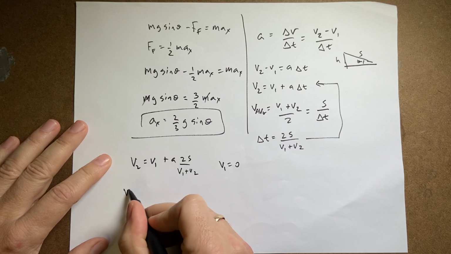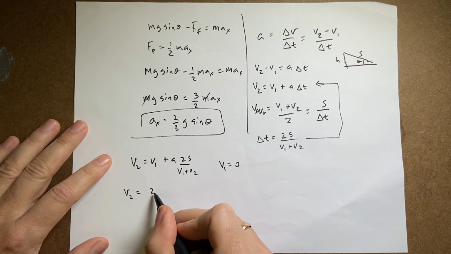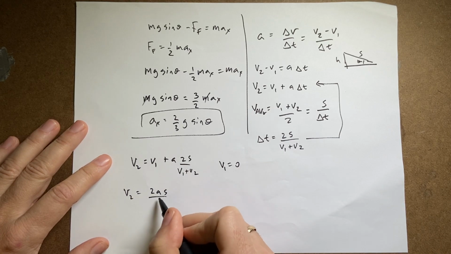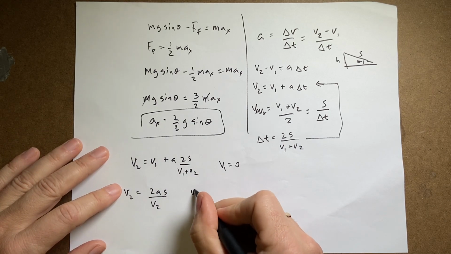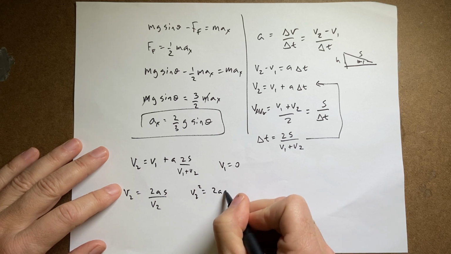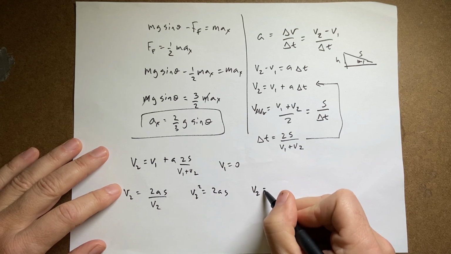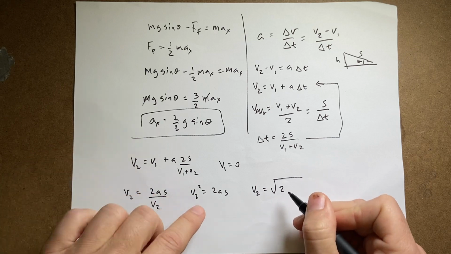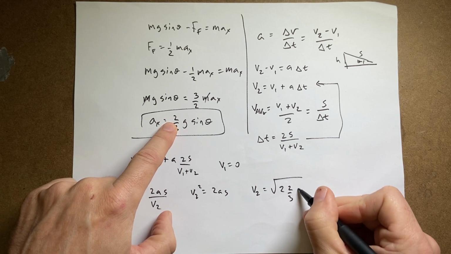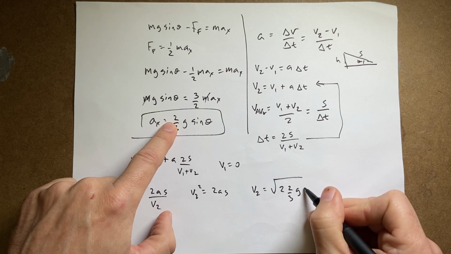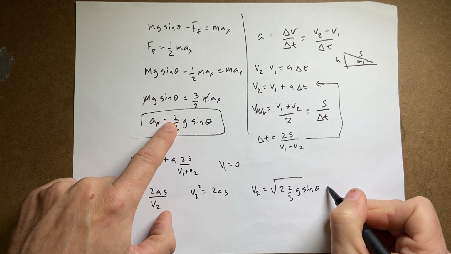So that means v2 equals 2as over v2. I multiply both sides by v2, and I get v2 squared equals 2as. So v2 equals the square root of 2. Now I'm going to put in a, so times 2/3 g sine theta times s.